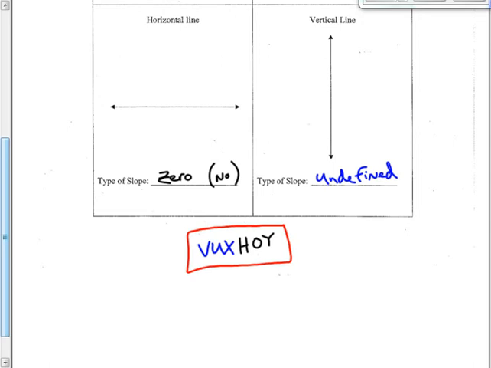If you substituted the word zero with the word no or none, then I would accept that, but it's better for you to know the word zero. That comes from the Hoy part of Vuxhoy. It's a horizontal line, has a zero slope, and it's a y equals equation. So when I find the slope, the slope comes out to be 0.